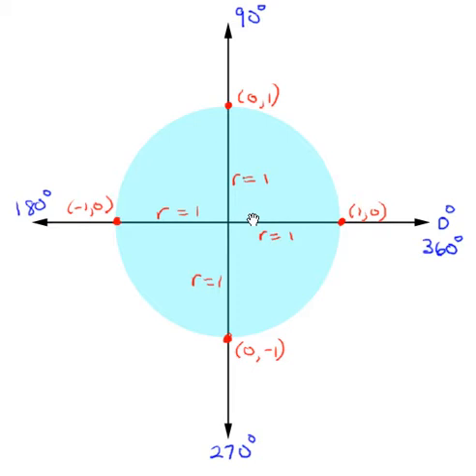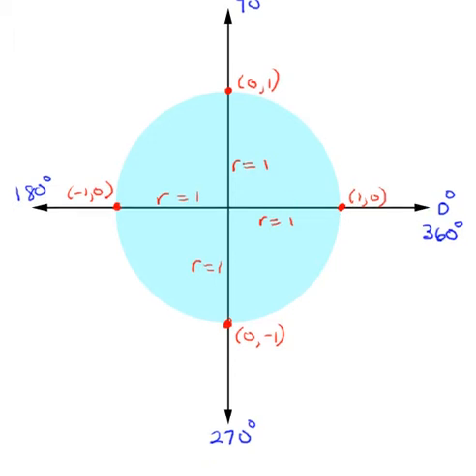And if we go all the way around, rotating 90, 180, 270, and 90 more, that brings us around to 360, which is a coterminal angle of 0 degrees.